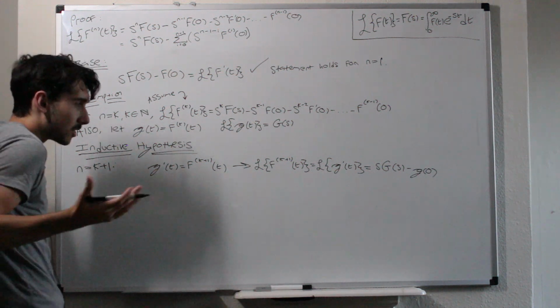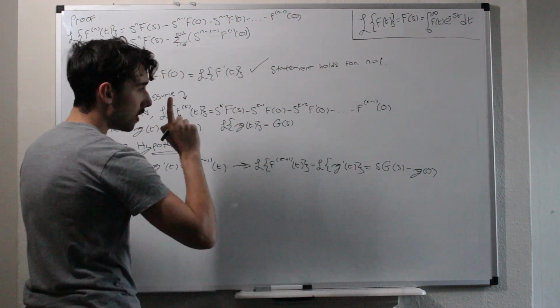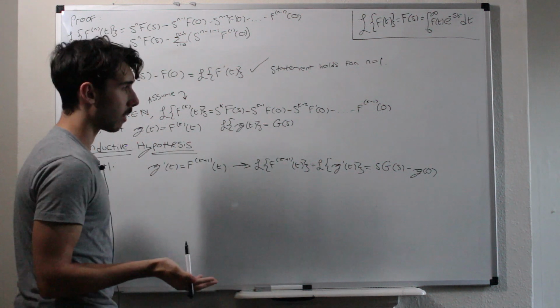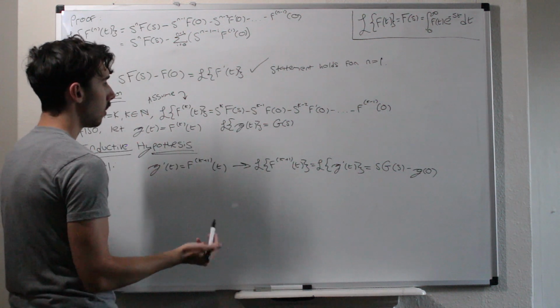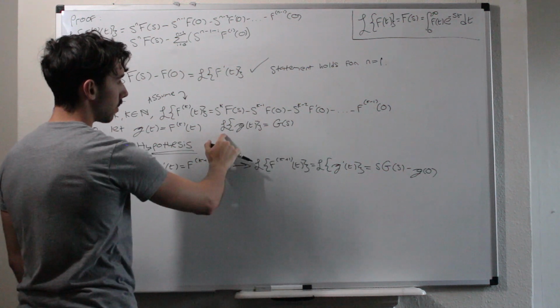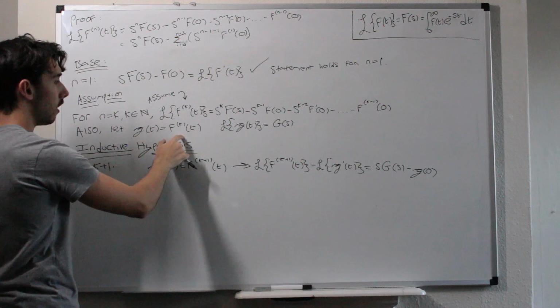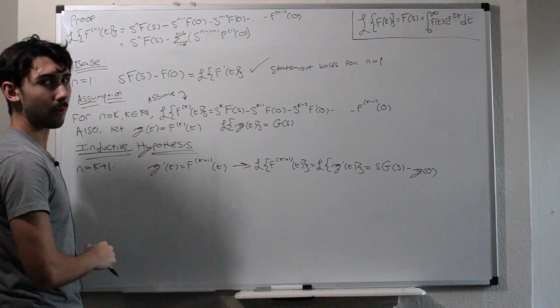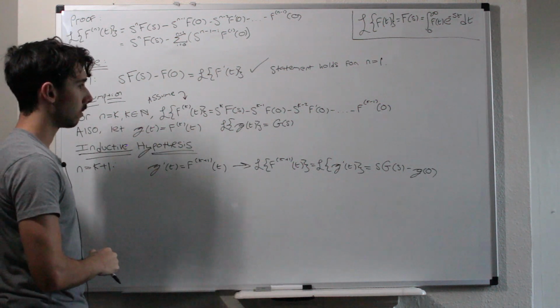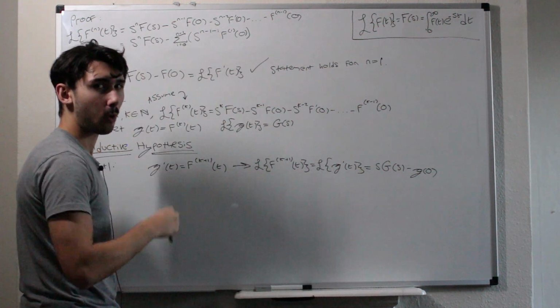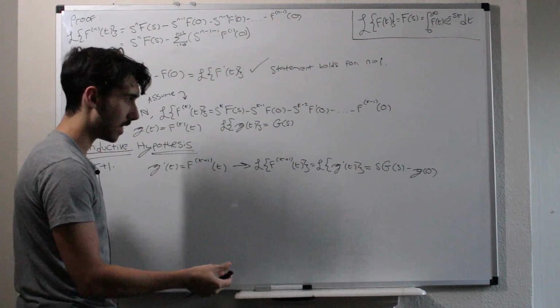Okay, now I think this is really cool. It's just cool, right? So now what we need to know is what G of s is, right? Well, what's G of s? Well, G of s is the Laplace transform of g of t. Okay, well, what's g of t? Aha, it's the kth derivative of f of t. So G of s is the Laplace transform of the kth derivative of f of t.